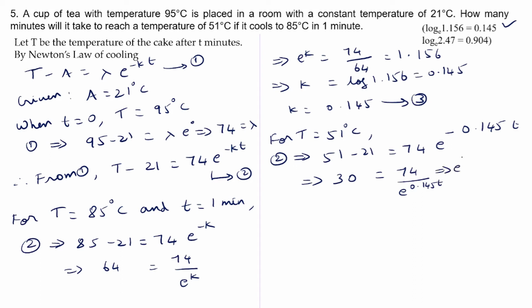When we cross multiply, we get e raised to 0.145 T equal to 74 by 30. This 74 by 30 is approximately equal to 2.47.